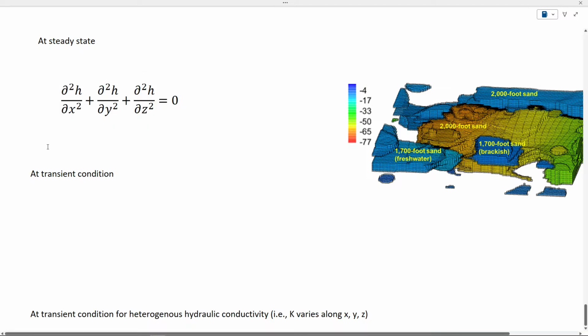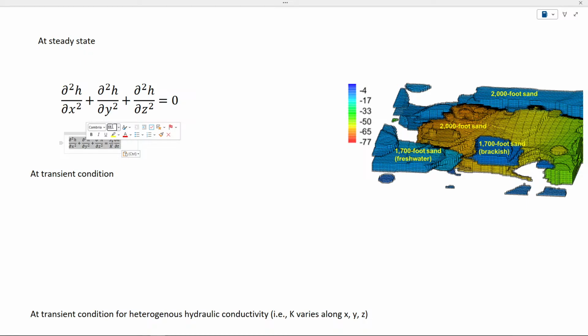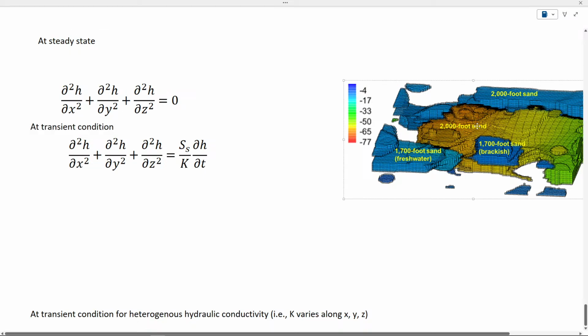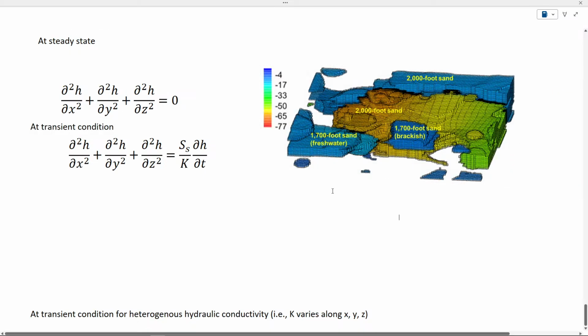And this is a transient case. So this is transient. This is steady state.